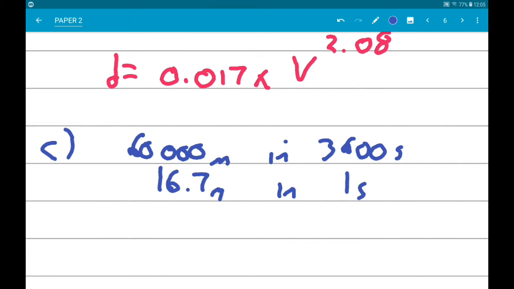Multiply that by 0.8 and we get 13.3 meters. Alright, so that's how far he travels before applying the brakes.